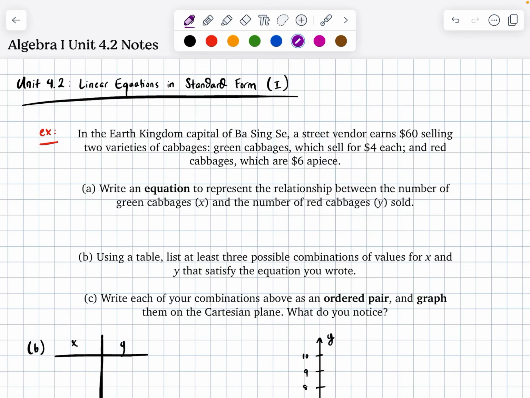Yeah. So we're using X, right, to represent the number of green cabbages. If you have X green cabbages and they sell for $4 each, how would you represent the cost that you get from your green cabbages? So X times however number of cabbages you have. Right. So you would do 4 for the amount per green cabbage. Multiply that by the number of green cabbages that you get.